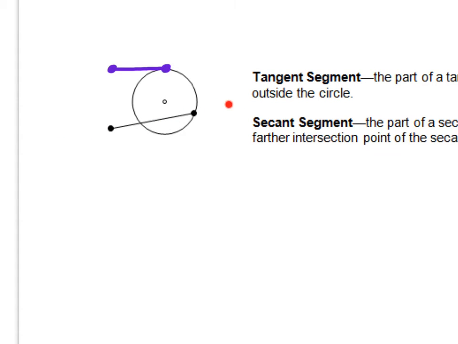As soon as I say a secant segment, I'm going to take one endpoint on the circle, and the other endpoint has to be outside of the circle. So I have to cross through the circle so I'm on the outside, and there's the other point. That's a secant segment. We can't call it a secant segment if we were to put the other endpoint on the edge of the circle right here, because then that would just be a chord and we'd call it something else. So that's why a secant segment goes all the way through into the outside of the circle, and there's your other endpoint.